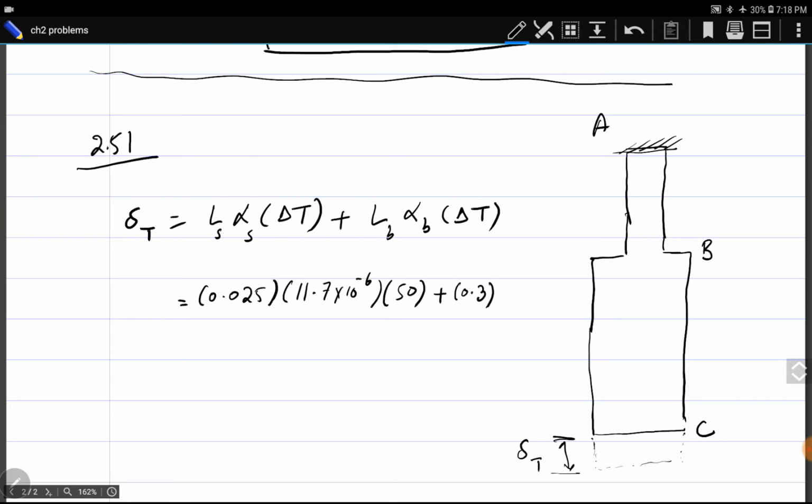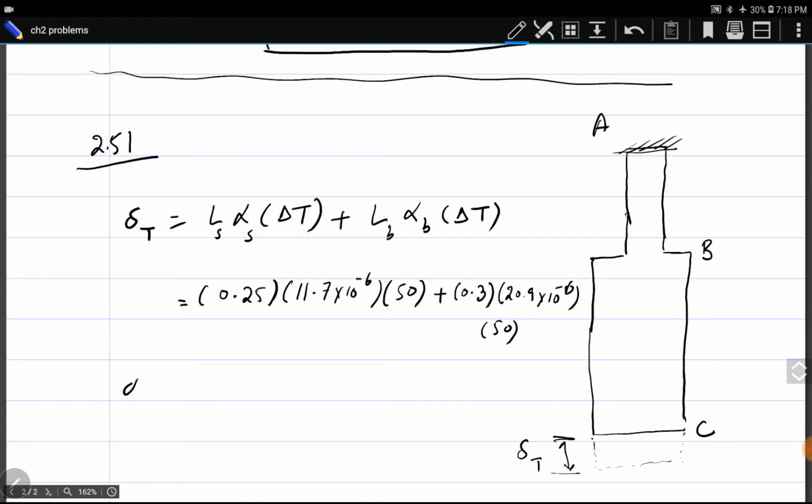The previous one is 0.25 because it was 250. Okay, 0.3. Coefficient of thermal expansion is 20.9 into 10 power minus 6, and delta T is again 50.